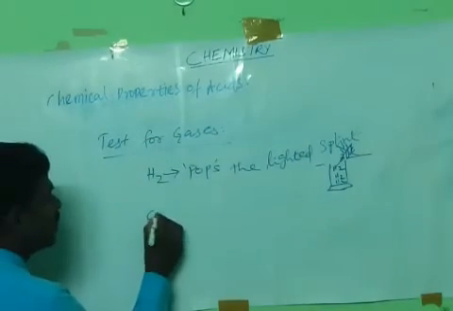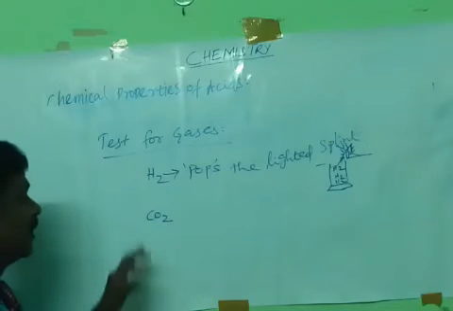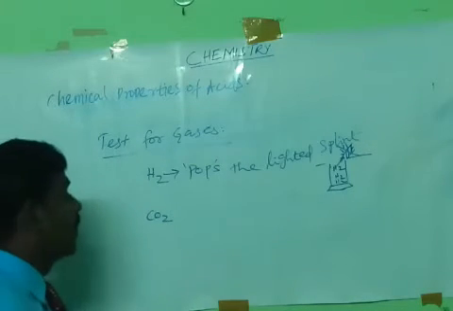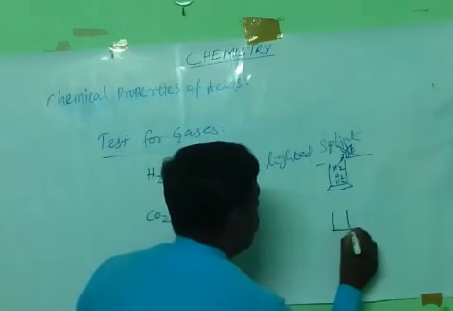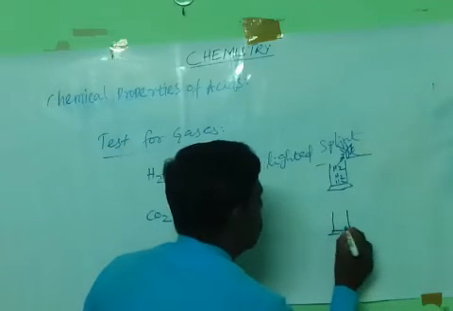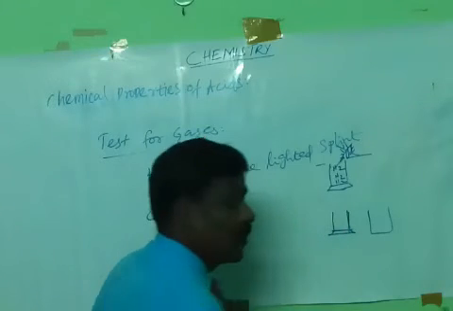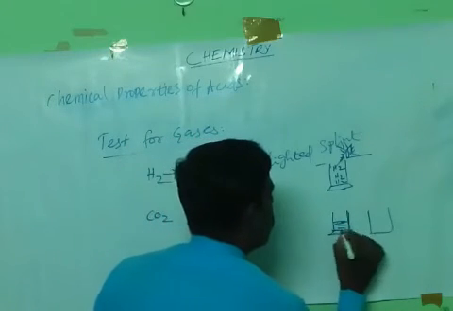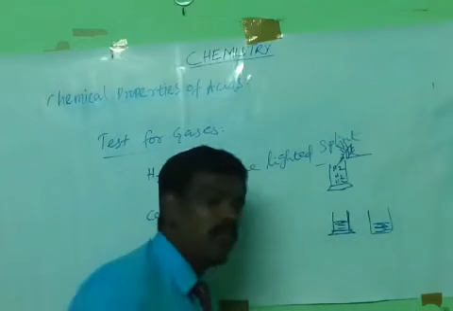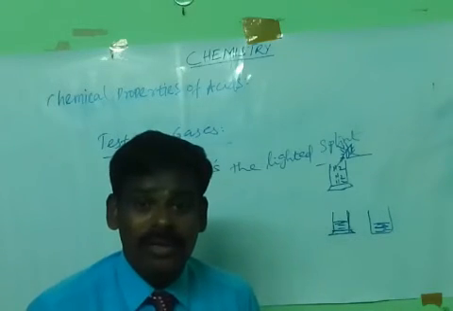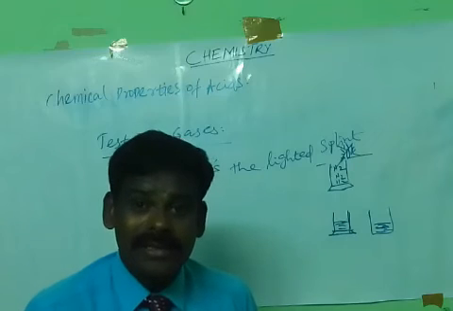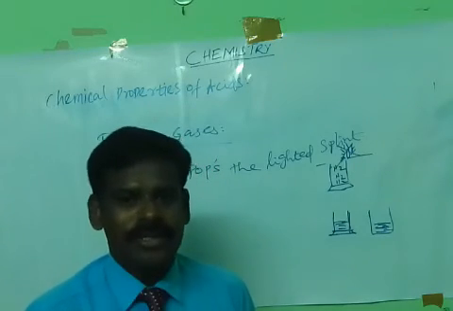Next, test for carbon dioxide gas. Okay. This carbon dioxide, we need to take lime water. Okay. In a jar or in a beaker, you take lime water. You know, while breathing out, we release more carbon dioxide than oxygen.